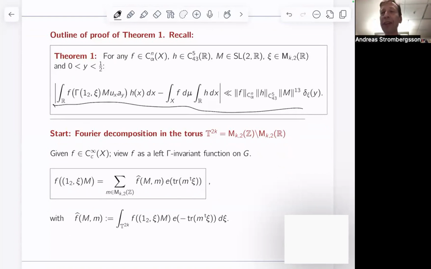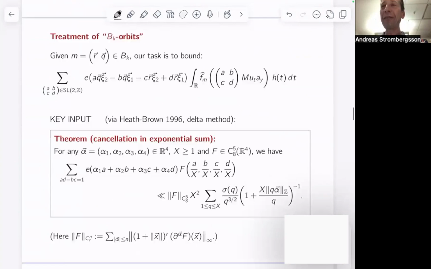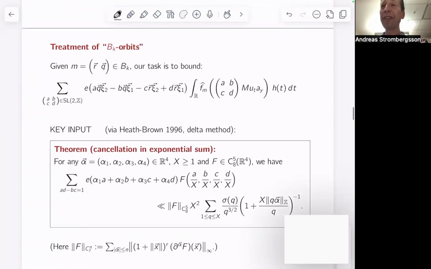So what we start by is we have f, a test function on X, but we view it as a function on G that is left Gamma-invariant. And then we do a torus expansion of this function in the torus variable. So then, I think I will go directly to just say what the sum is that we, after having done this torus expansion, have to prove non-trivial cancellation in.